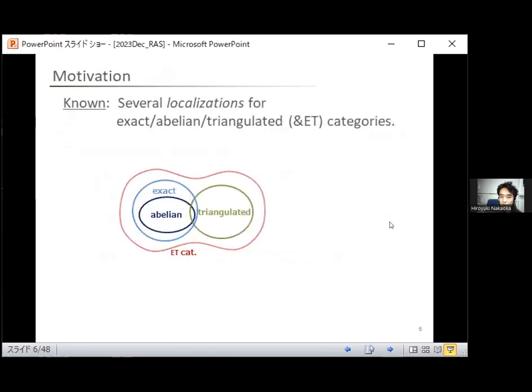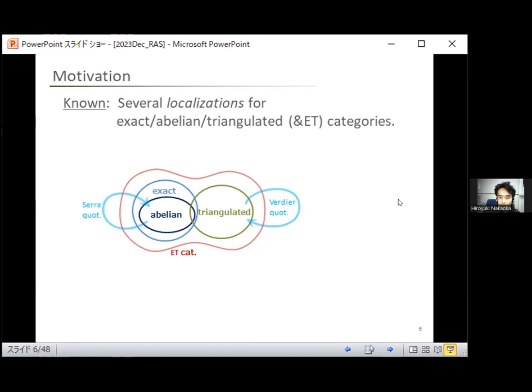ET categories contain exact categories, abelian categories, and triangulated categories as special cases. For such categories, we know several localizations. For example, we know the Verdier quotient of triangulated categories, and similarly, Serre quotients of abelian categories.